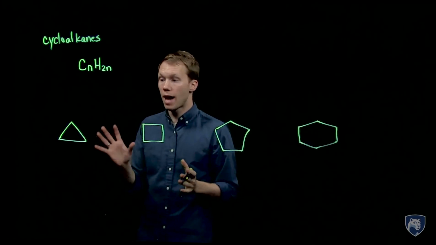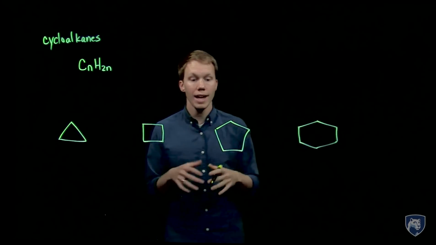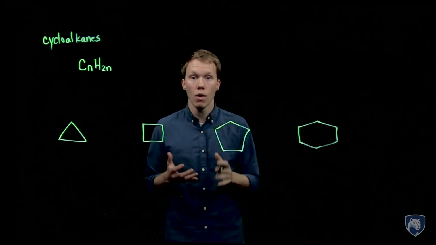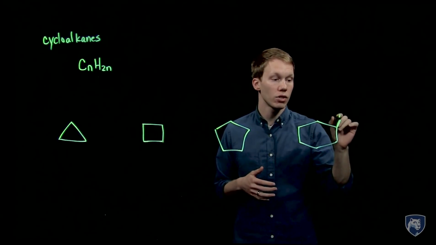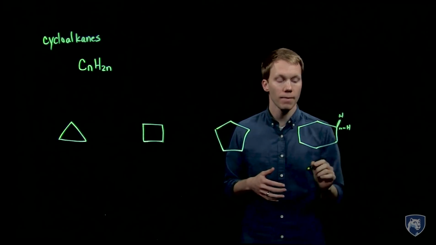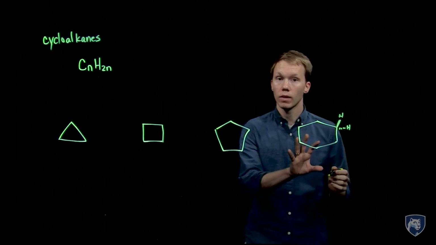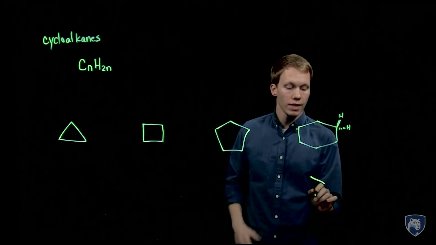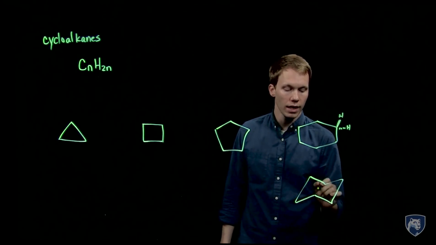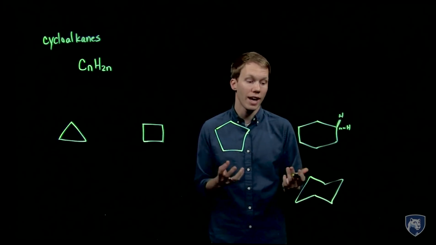We represent these by the polygons. Okay? And again, this is not exactly what we would see in 3 dimensions. We can use the wedge and dash to help us visualize this. But these all have kind of a distinct conformation, and the 6-membered ring to me is most interesting. It actually is what we call a chair conformation.